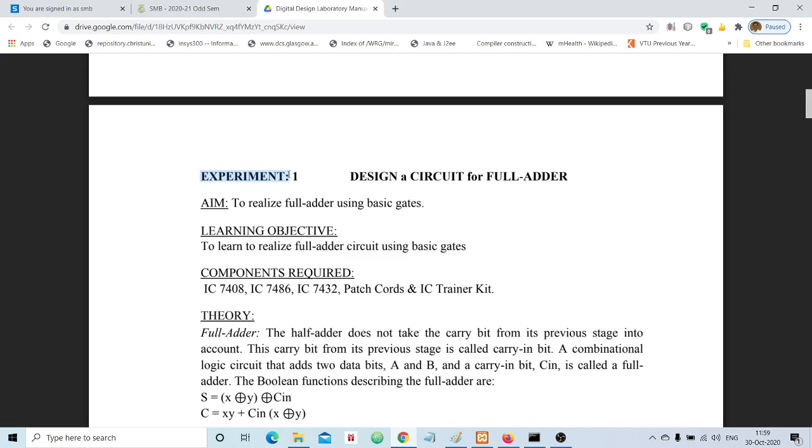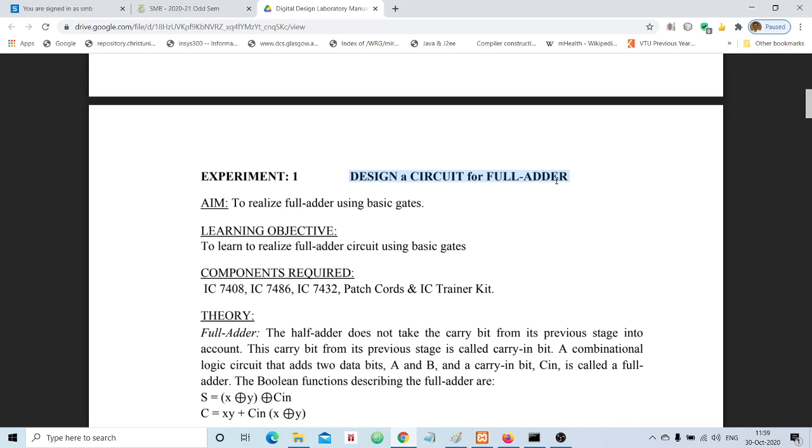And so on, right? So in this video, the objective is to explain how to design a circuit for full adder, and in the coming class videos you will see whether the designed circuit will perform the operation of a full adder, right?